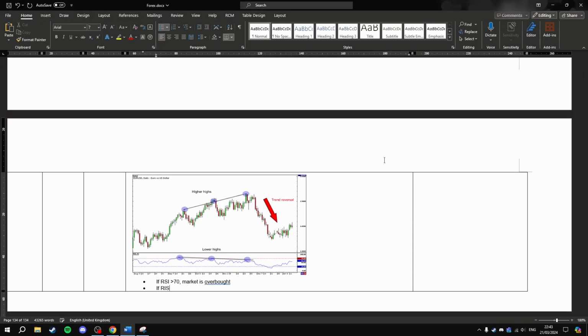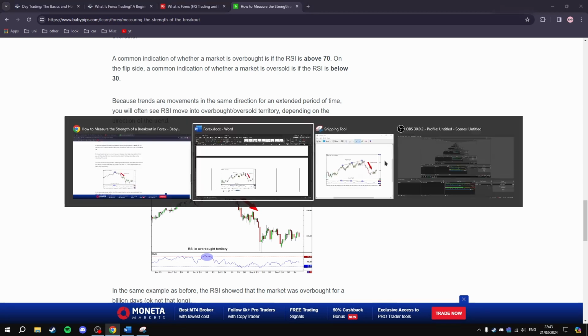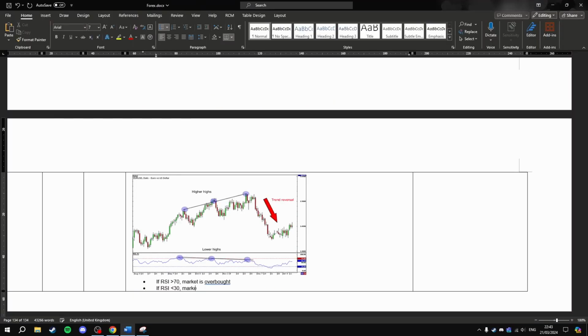If RSI is less than 30, right? Below 30, yep. The market is oversold.